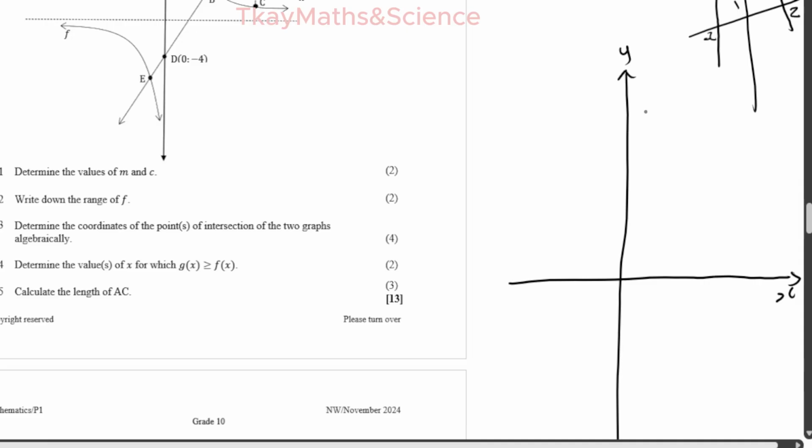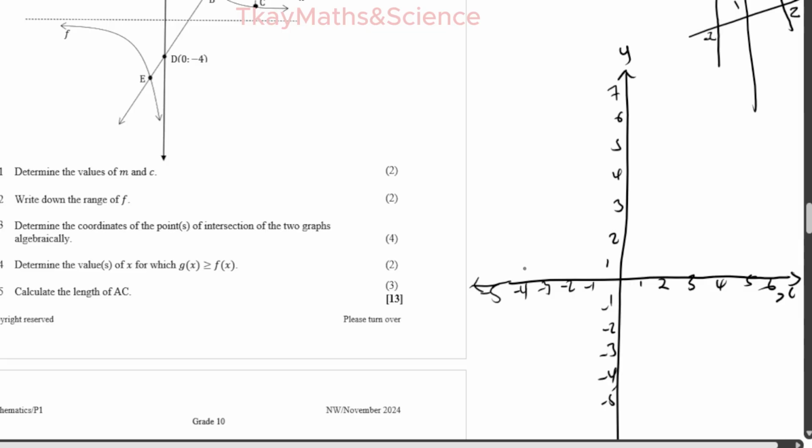So this one is cup shaped, but it's going to cut at 4. 1, 2, 3, 4, 5, 6, 7, and -1, -2, -3, -4, -5.